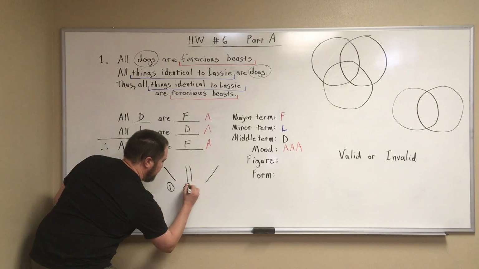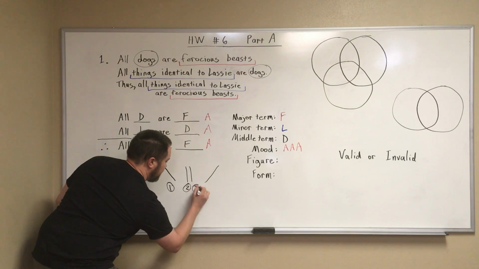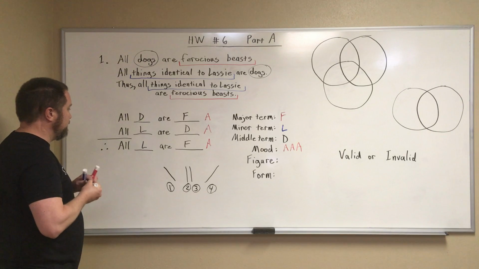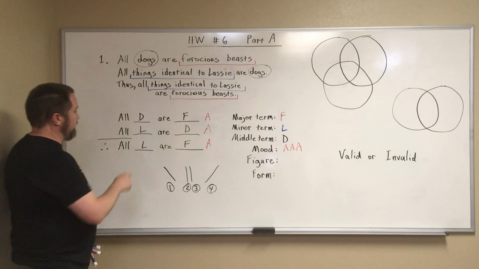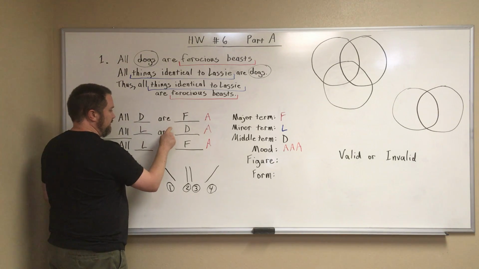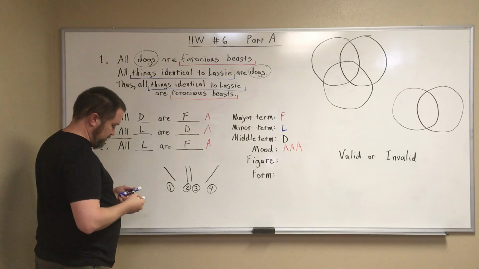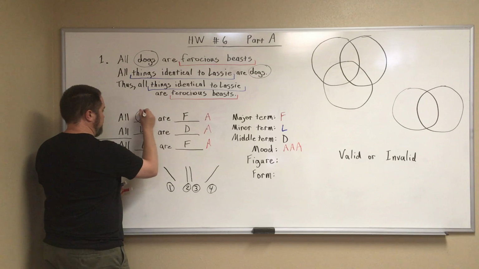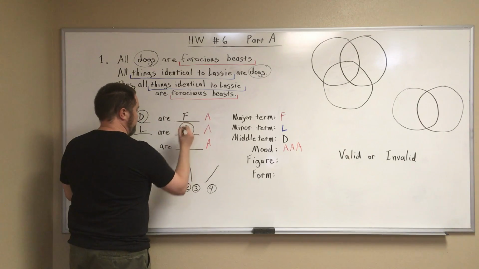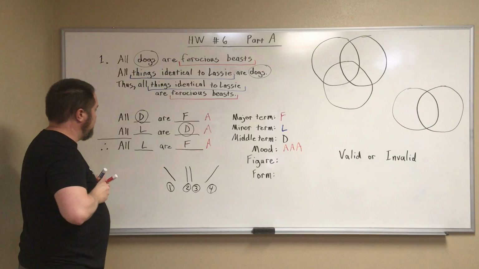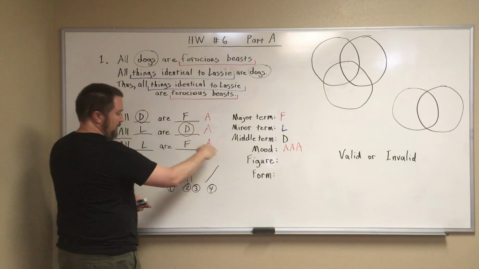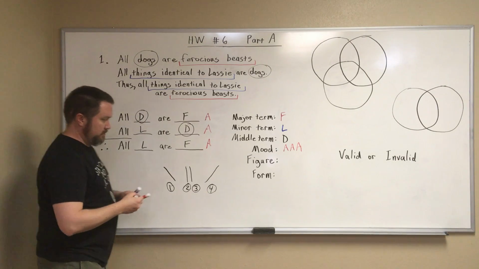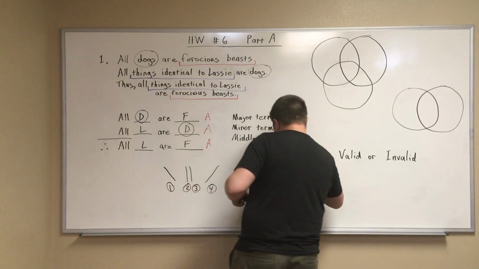This is figure number 2. This is figure number 3. This is figure number 4. So what you're doing is you're looking at the placement of the middle term in the first 2 statements. So this is the middle term D. This is the middle term D. And you'll notice that it creates kind of a backslash, which lines up with figure number 1.